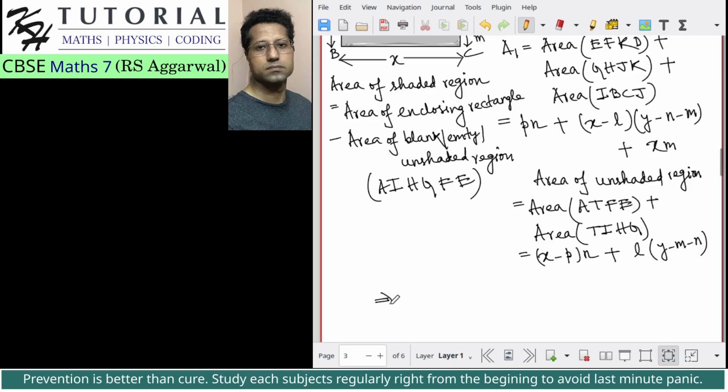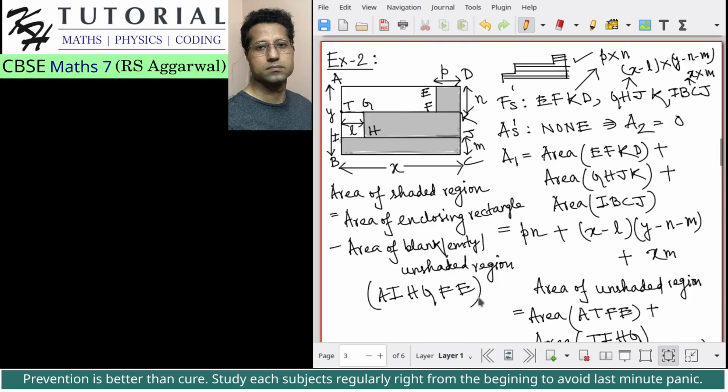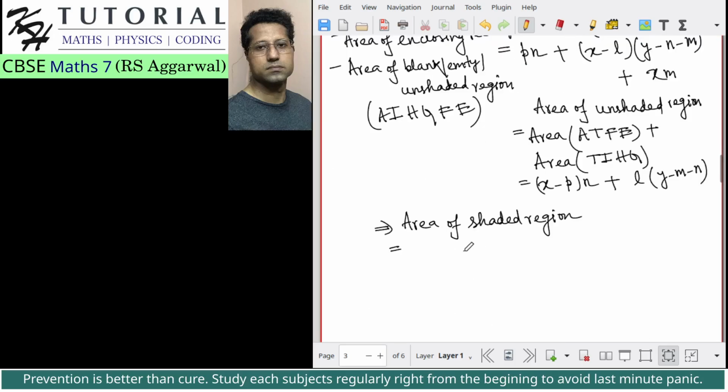So this implies, I can say, the area of the shaded region will be equal to the area of the enclosing rectangle, which is yx, minus the area of the unshaded region, which is (x minus p) n plus this.